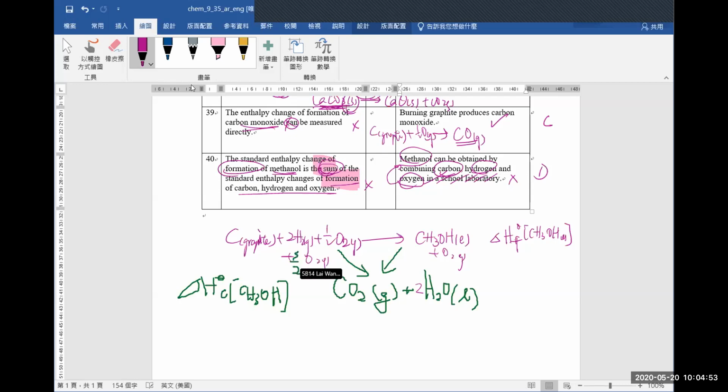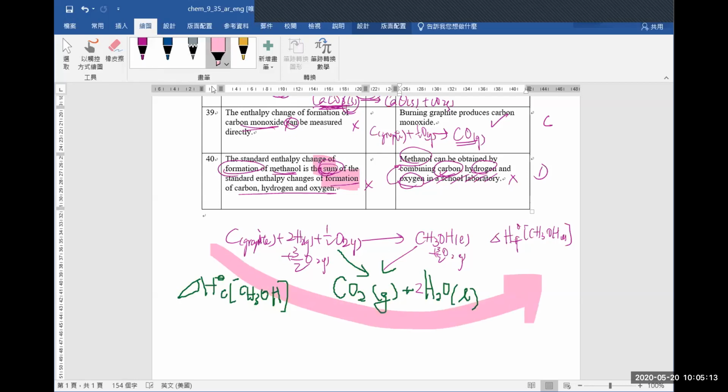Yes, it's 3/2. And then, how would you relate that 3 times? So that arrow, do you know what that is? Do you still remember that?